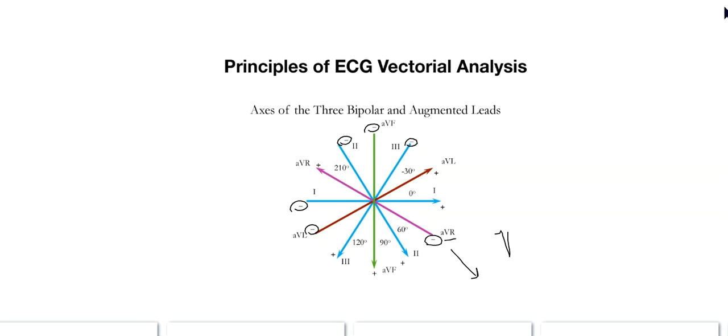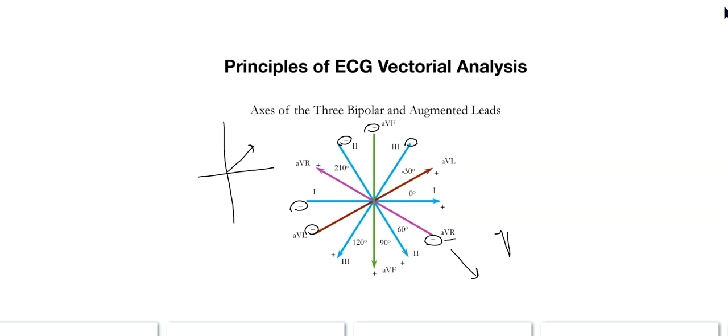Specifically, how you go about taking a specific vector, this is your XY axis, and you have a vector here. How would you go about figuring out the components of that vector?